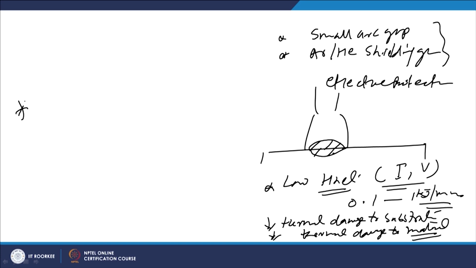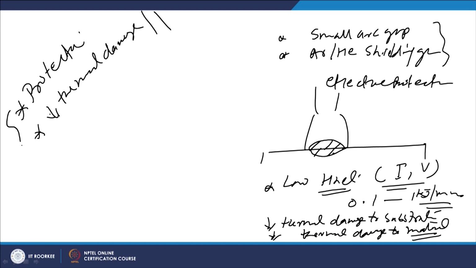So, the two aspects, very good protection, helps to avoid the interaction of the molten metal with the atmospheric gases, which reduces the possibility for inclusions, and the less heat input associated with this process reduces the thermal damage associated with the weld surfacing, and both these factors helps in improving the quality of the weld deposits.